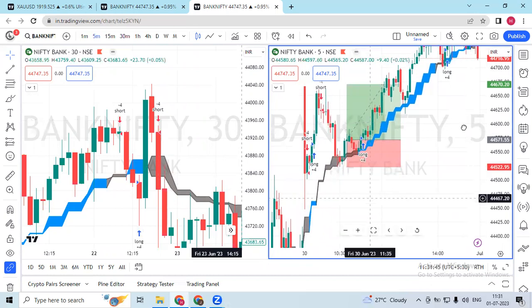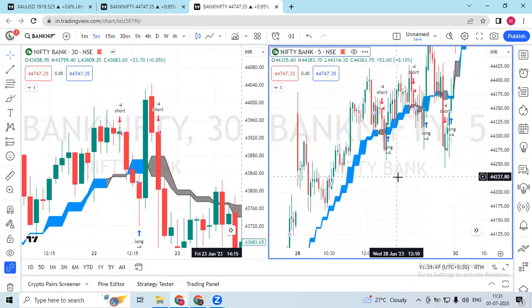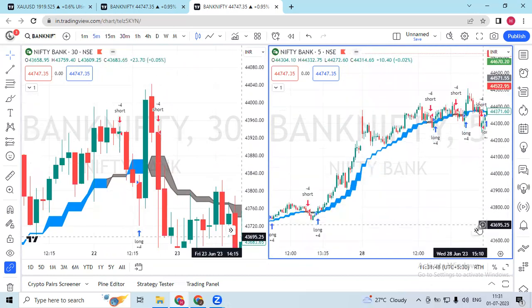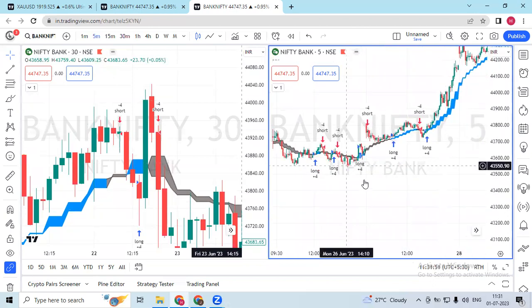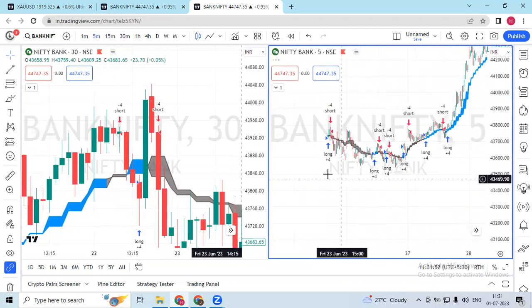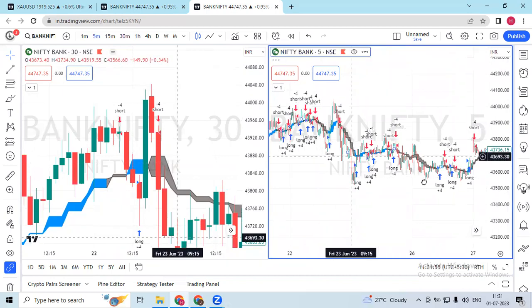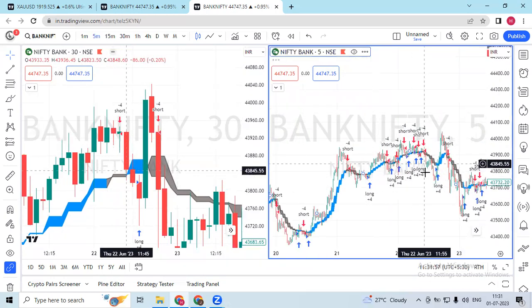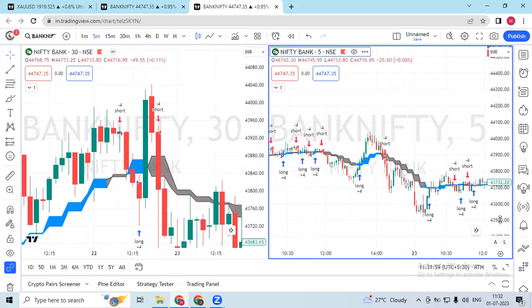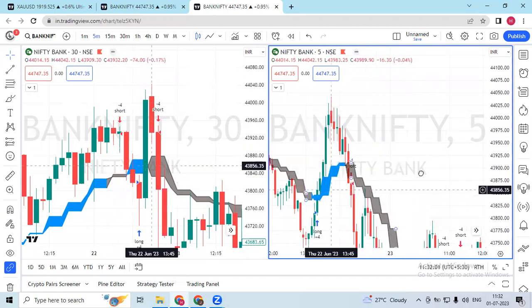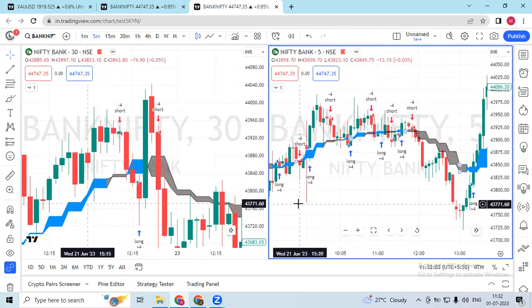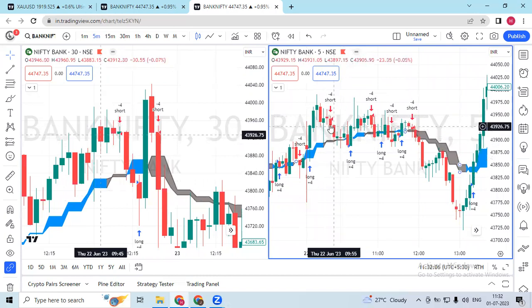So what I'll be doing is I'll be just moving my chart back to 22nd of June on the 5-minute time frame. Okay. Now, this was 22nd of June. You can see over here in the 5-minute time frame, there were a lot of wrong signals placed.